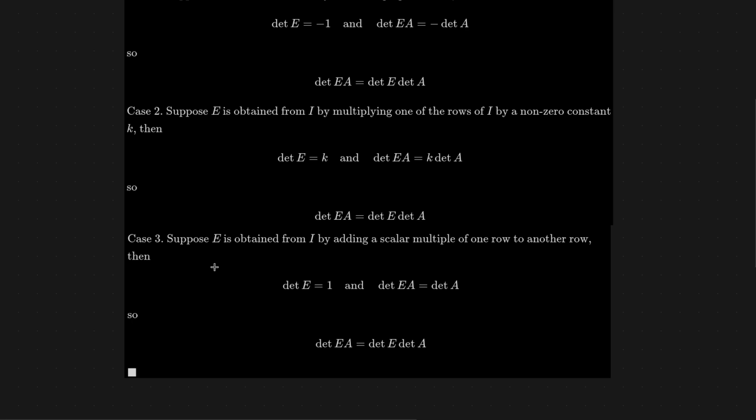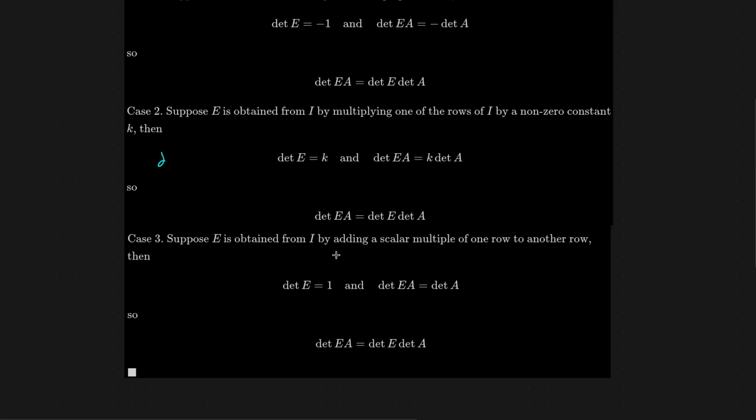All right? So we know that if we apply this particular elementary row operation, the determinant of the new matrix is k times the determinant of the old matrix. In this case, the old matrix is the identity matrix I. So since the determinant of I is 1, and since we obtain E from I by multiplying one of the rows of I by a non-zero constant k, then the determinant of E should be k times the determinant of I. So k times 1 is just k.